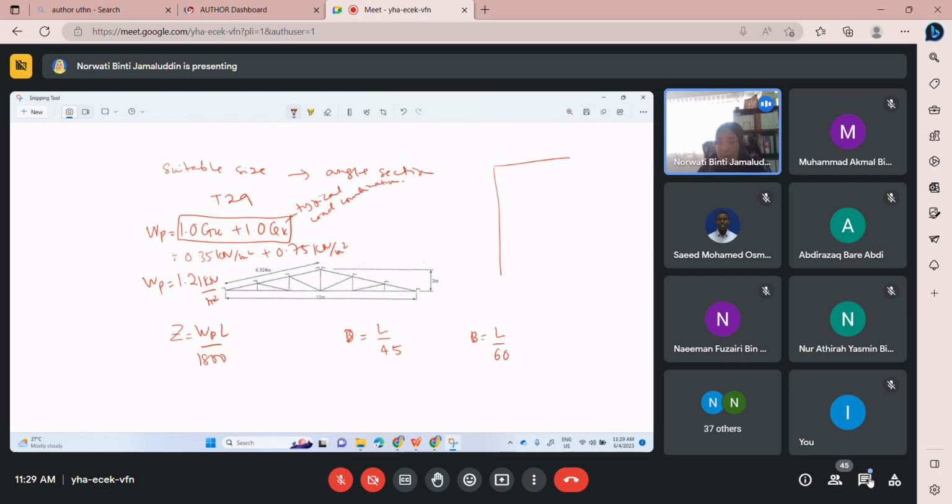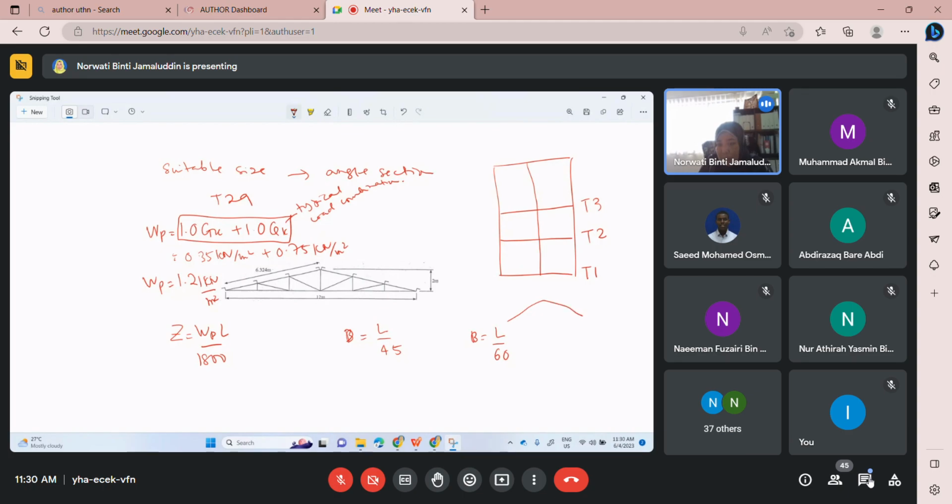You can sketch the plan view because you have all the details. Let's say this is truss 1, then truss 2, truss 3. We need 3 trusses because we need to consider the intermediate purlin, because we want to consider the severe case.